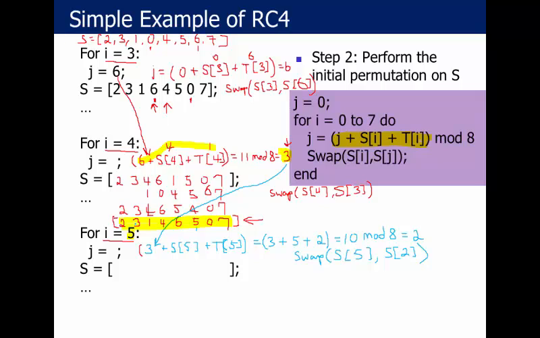So 0, 1, 2, 3, 4, 5, this and that. Those two are swapped. Therefore, S will be 2, 3, 5 instead of 1, 5, 4, 6, 1, 0, 7. They don't swap, only this and that. 4 and 6 remain the same.